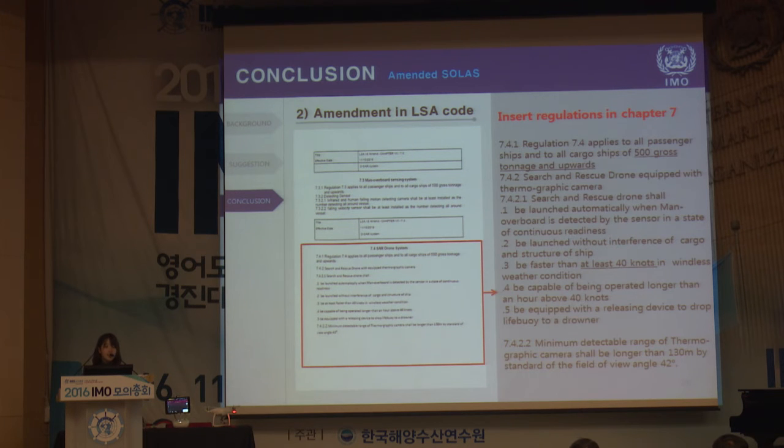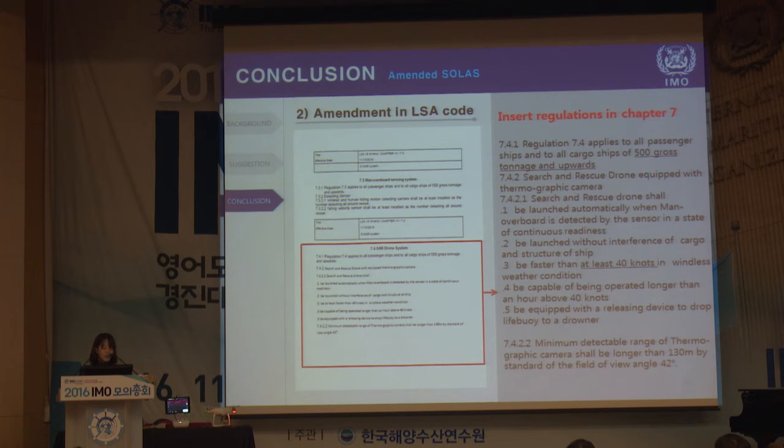Next, this regulation is concerned with zero draw system that should be launched automatically and without interference of cargo and structure of the ship. And also, it endured wind above 30 knots and shall be faster than 40 knots.